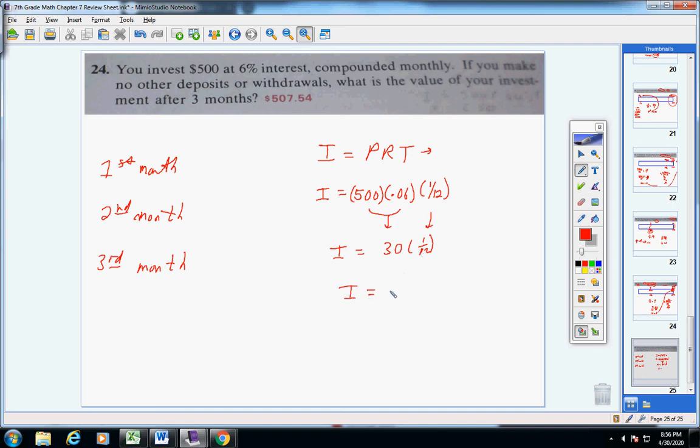Okay? So, not much of a gain. That's okay. Not a lot of money, but you start off with this much, you gain this much, add those two together, and you get $502.50.